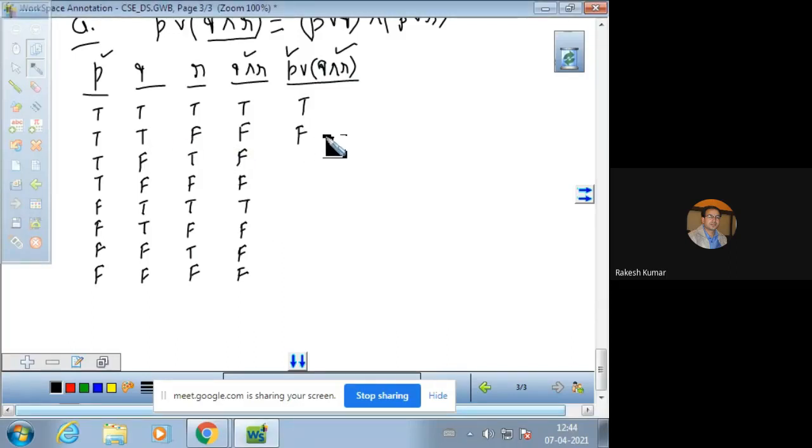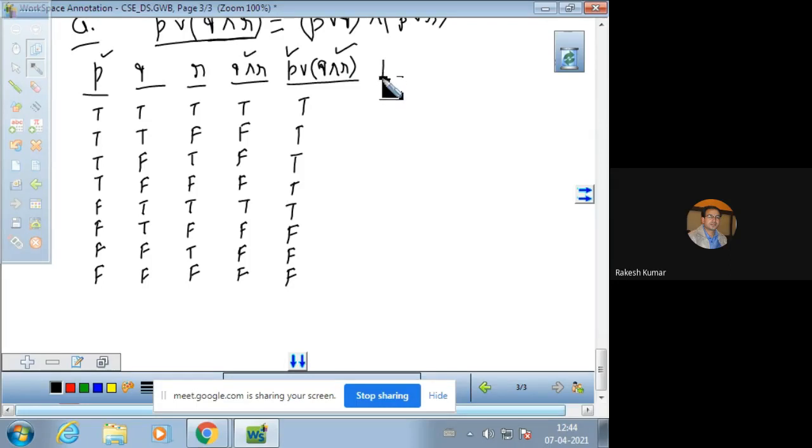So this will be true, true, and this will also be true, and this will also be true. The last three will be false because both values are false. So this is the left hand side of this distributive law.